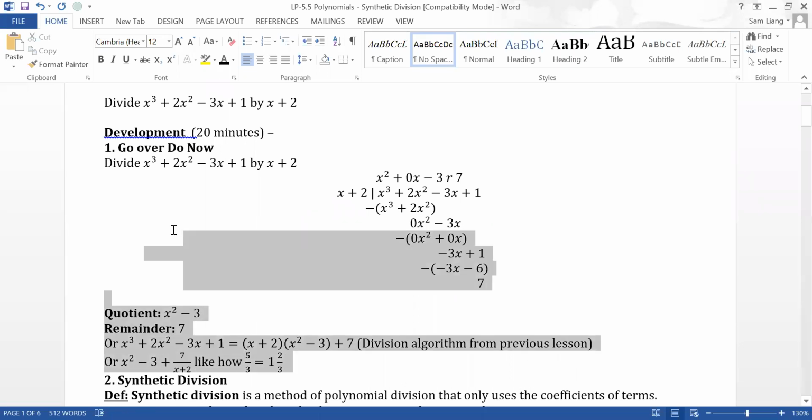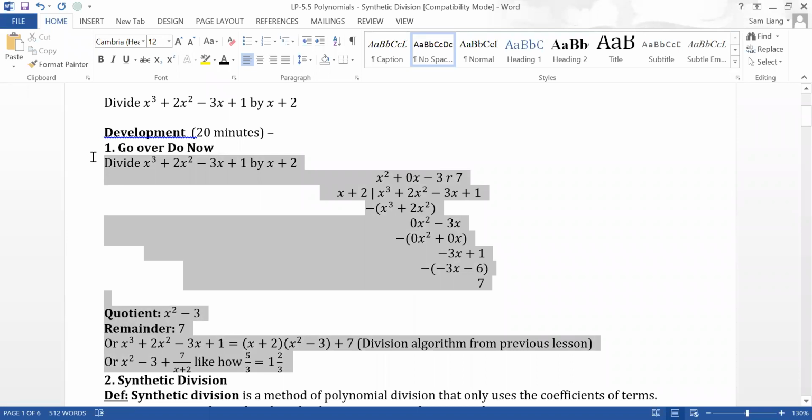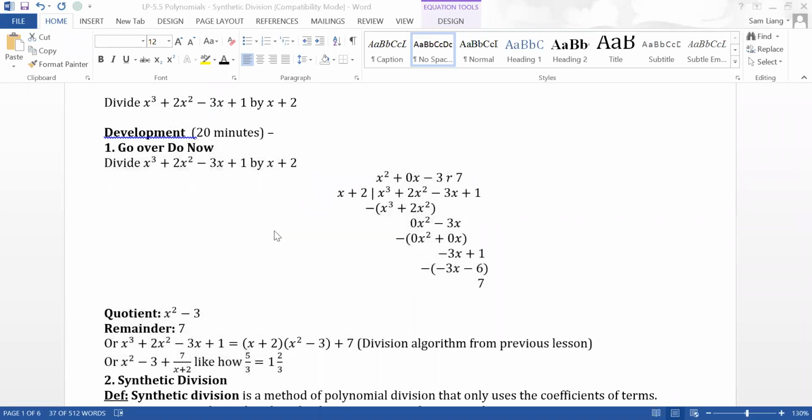All right, I'll give you a second to copy that, and then from there we'll move on to our topic for today, which again is synthetic division.